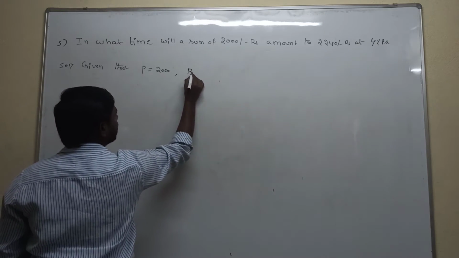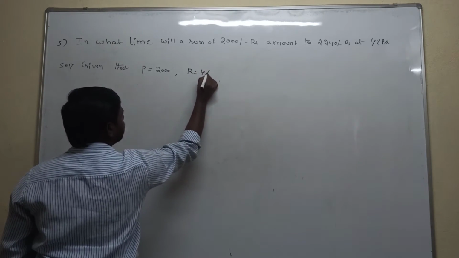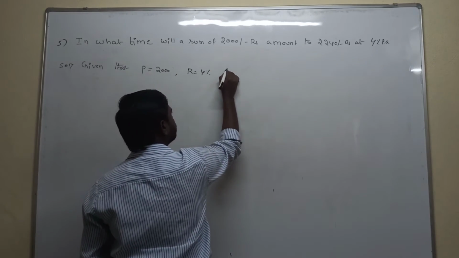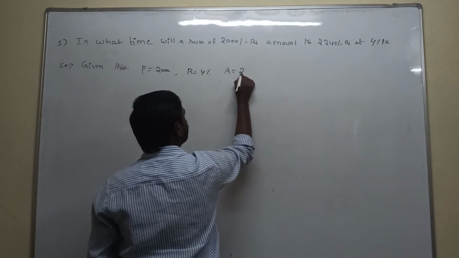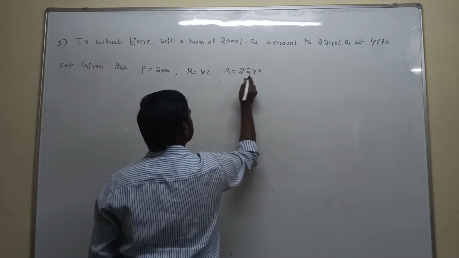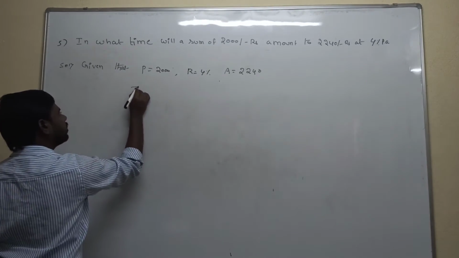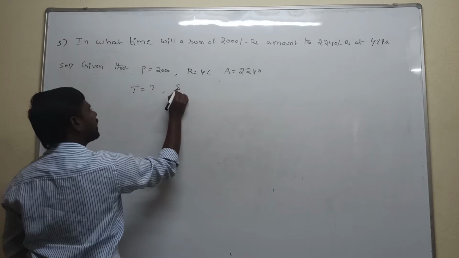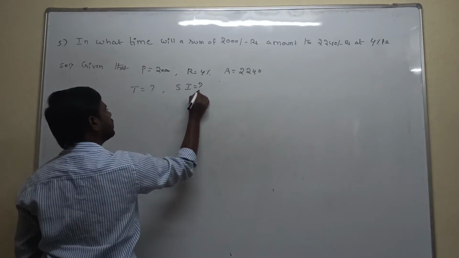Next, the rate of interest given is 4%, and the amount A is equal to 2240. We need to calculate the time, and we need to calculate simple interest.